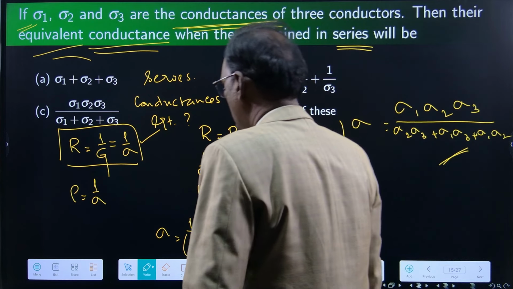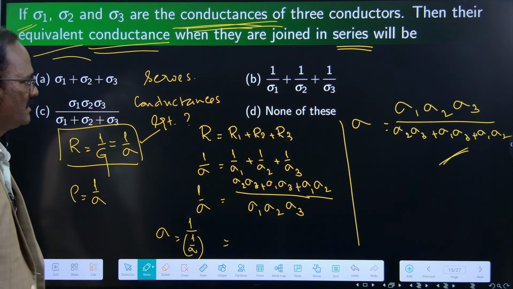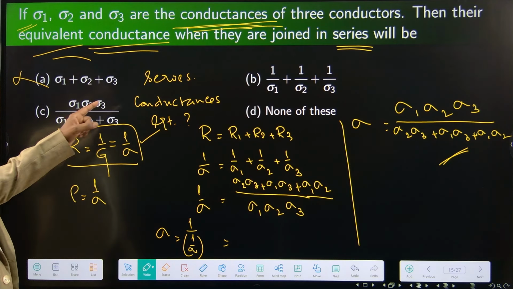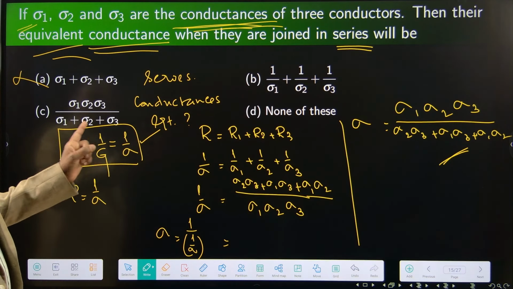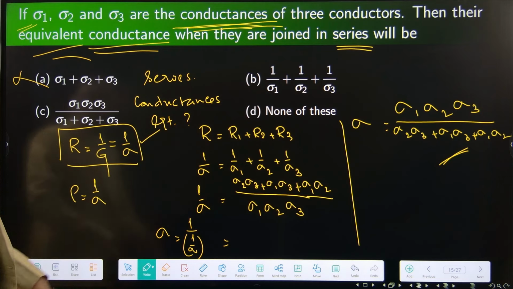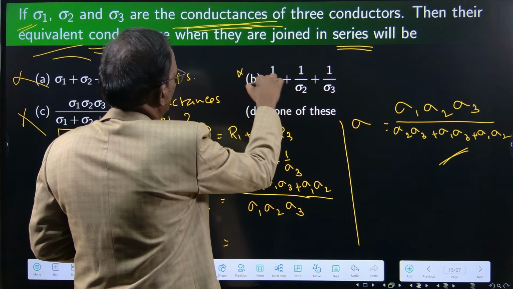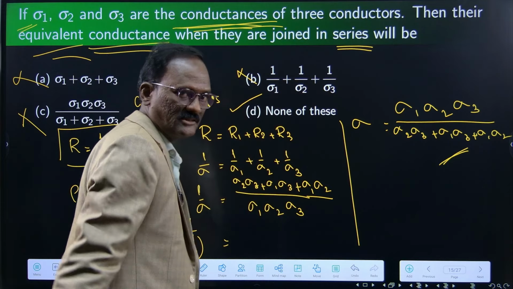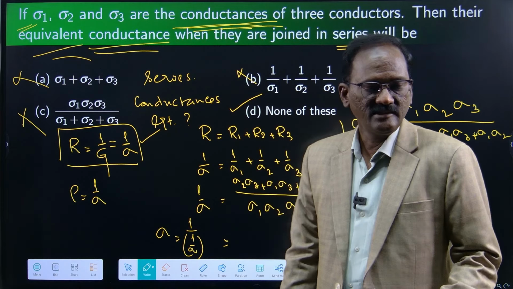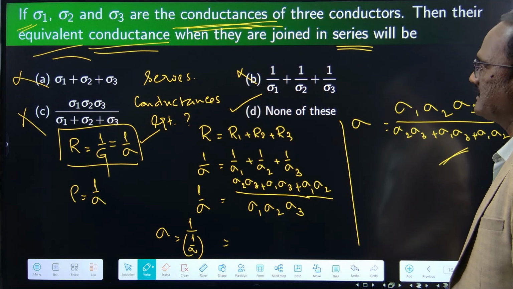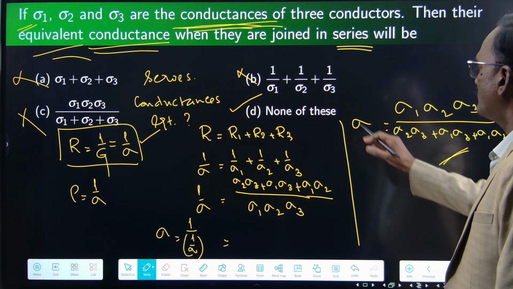That is the answer. Option A is wrong. Sigma 1 sigma 2 sigma 3 divided by sigma 1 plus sigma 2 plus sigma 3, C is also wrong. B, 1 by sigma 1, is also wrong. None of these is the right answer. This answer is not printed in the options given. So none of these.